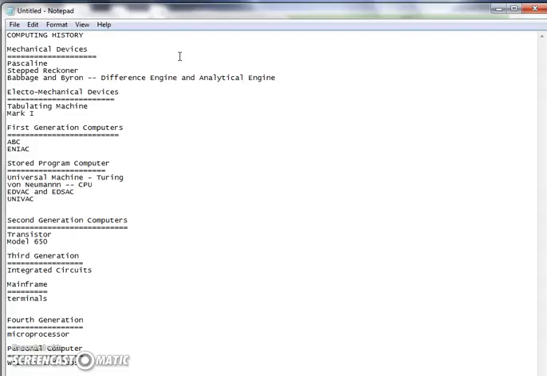And this one actually was one of the first devices to use the binary system that is still used today in modern computers. It contained lots of vacuum tubes. It used a sheet of paper that it burned holes in to store data, much like a punch card, and it could do lots of calculations.